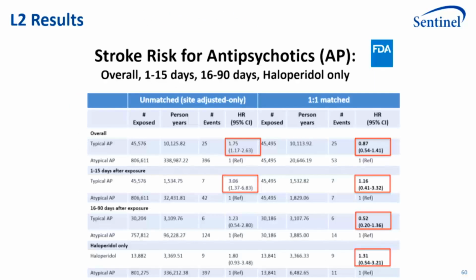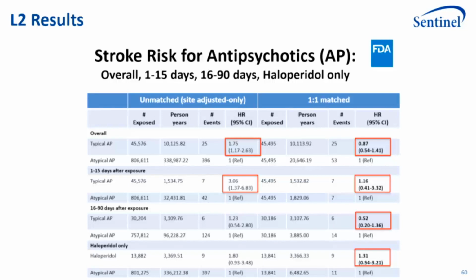Okay. The other level 2 results involve the risk estimates. By default, the propensity score analysis tool uses time-to-event analysis based on the Cox proportional hazards model. If you look at the hazard ratios in the unmatched side, we observe an elevated risk of stroke for the overall analysis in the first 15-day analysis.